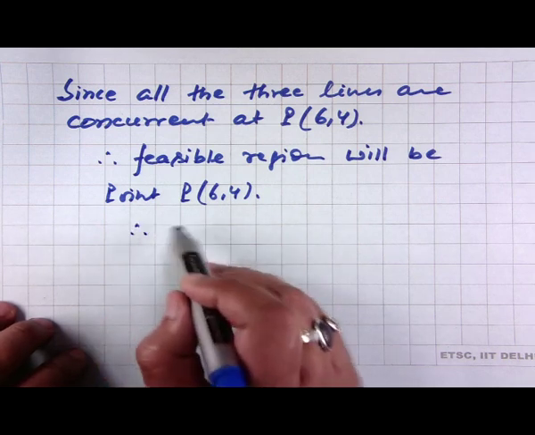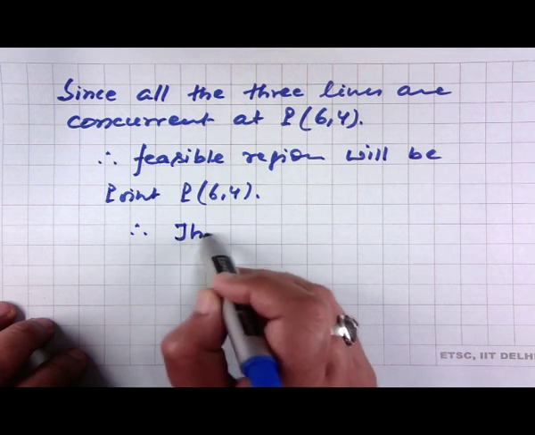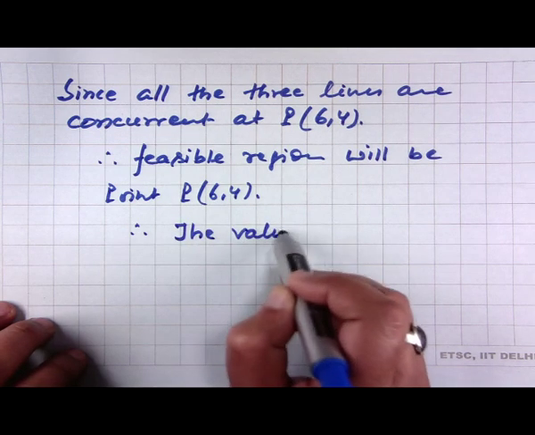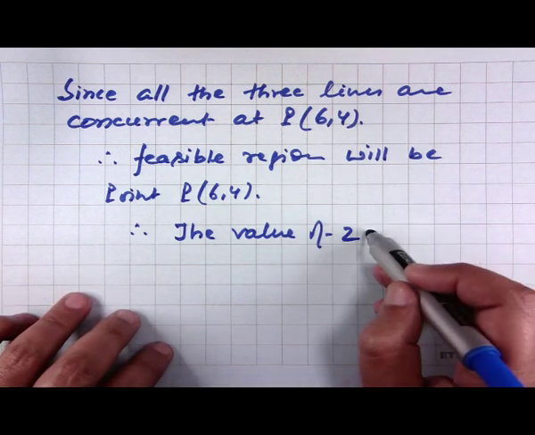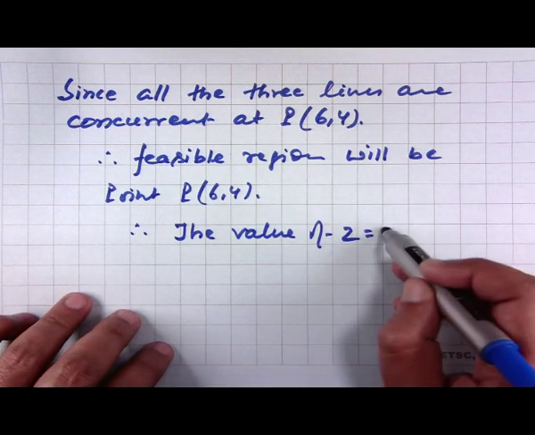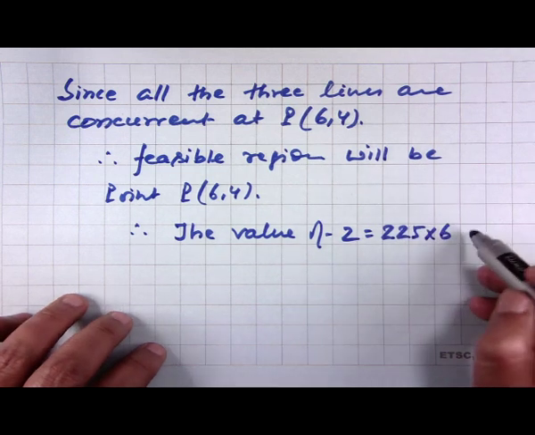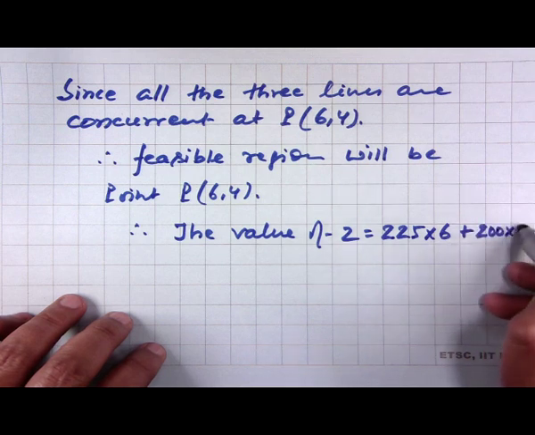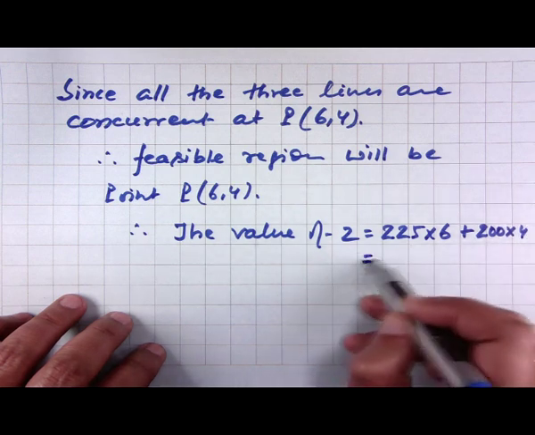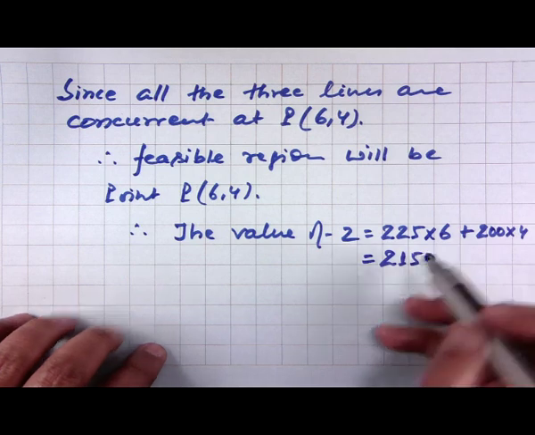So the value of Z equal to 225 into 6 plus 200 into 4 equal to 2150.